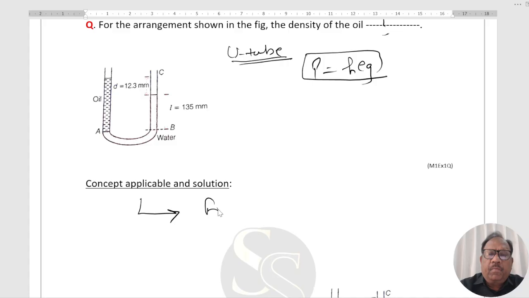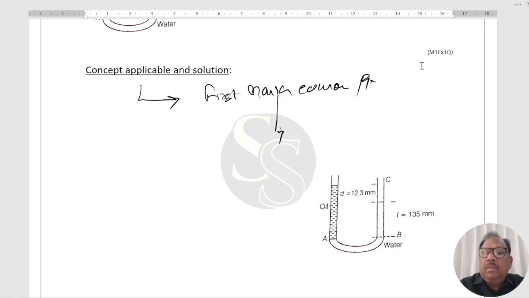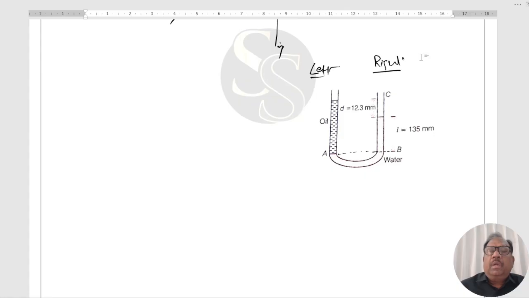First, mark a common point. This is the common point for both. This is the left-hand limb, this is the right-hand limb.